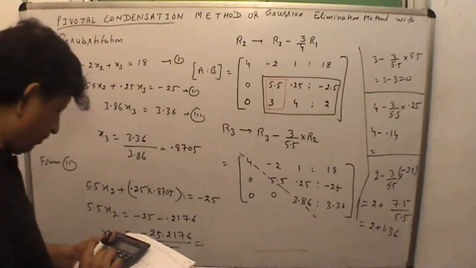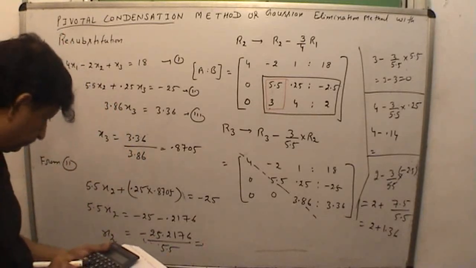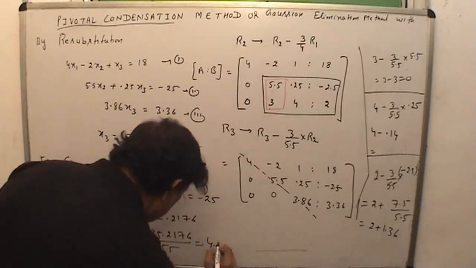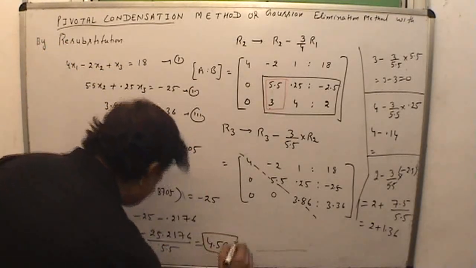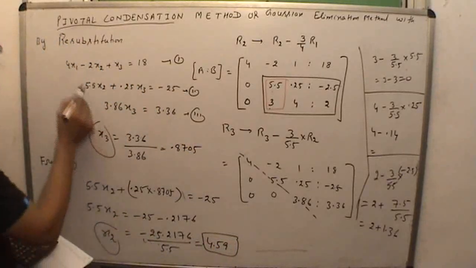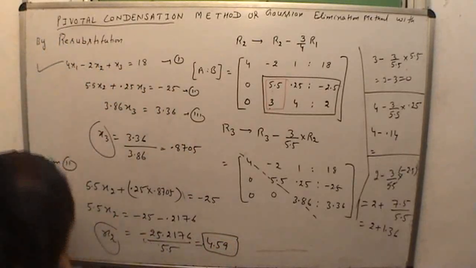That's equal to minus 4.59. And if we put the values of x2 and x3 in number 1, we will get x1.